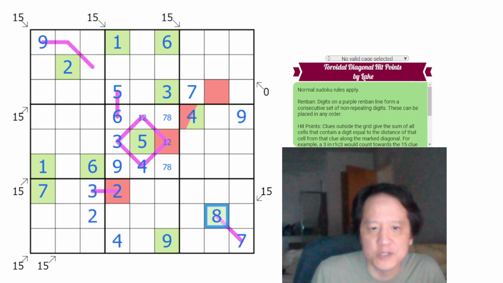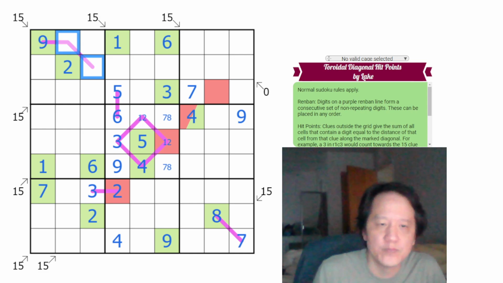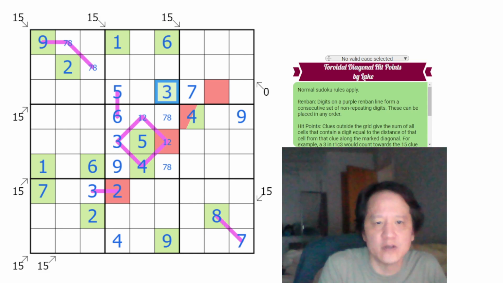So we have all the diagonals solved now. Okay, we need to make sure of the other ones. So then this is the only green one possible. This is green, and this is green. Because of this, we know this is 7 and 8 in these two spots. So that's 7 and 8.